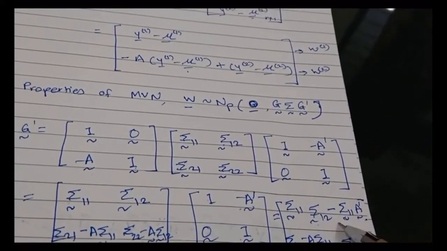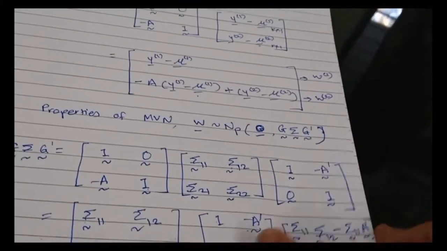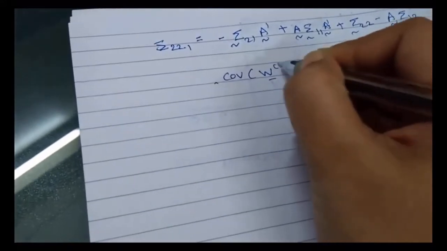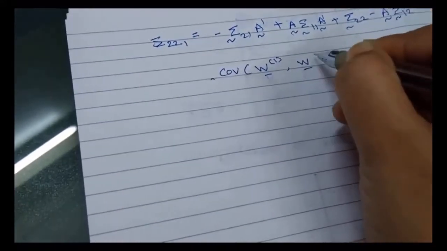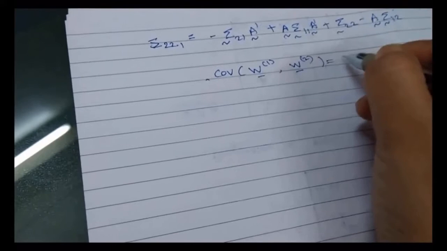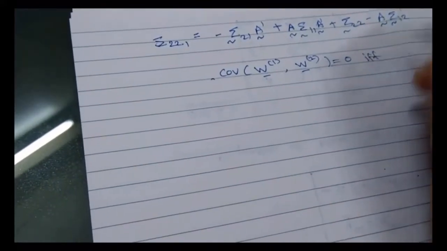Because if this becomes 0, then I would have covariance to be 0. Let me write what I am trying to say. So covariance of W1, W2 would be 0 if and only if that matrix is 0.